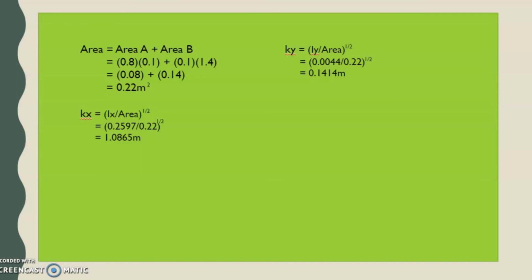Finally, we calculate ky, which is Iy divided by area with the power of 1 over 2. Iy has been calculated earlier, which is 0.0044, divided by 0.22, which is its area, with the power of 1 over 2. As the result, ky will become 0.1414 meter.